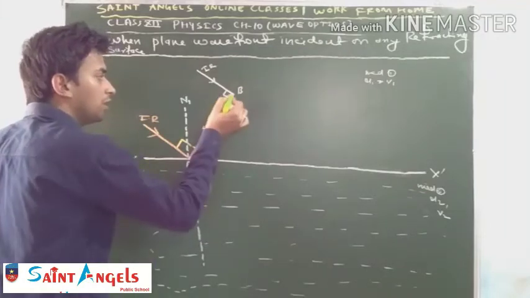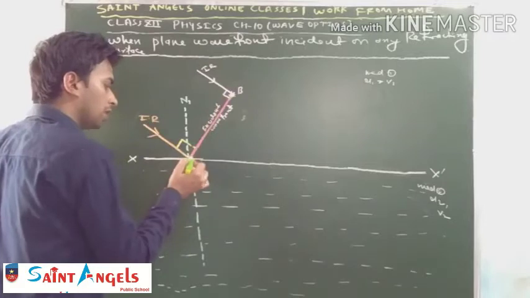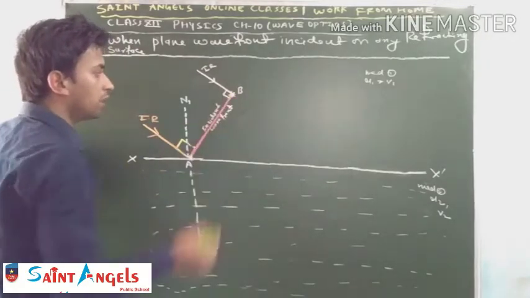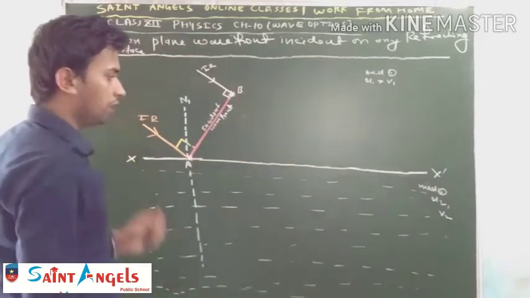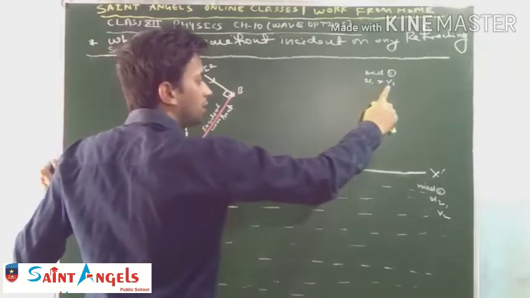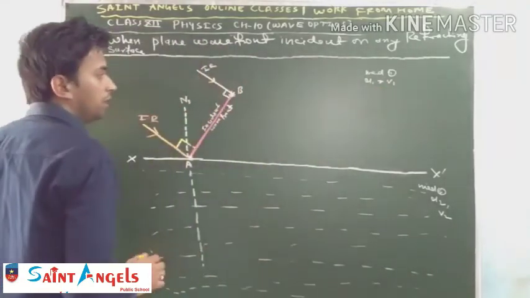Student, as we know the wavefront AB contains an infinite number of particles, and according to Huygens principle, each particle acts as a source and produces secondary wavelets which move with the speed of light. Here v1 is the speed of light in this medium and v2 is the speed of light in that medium.